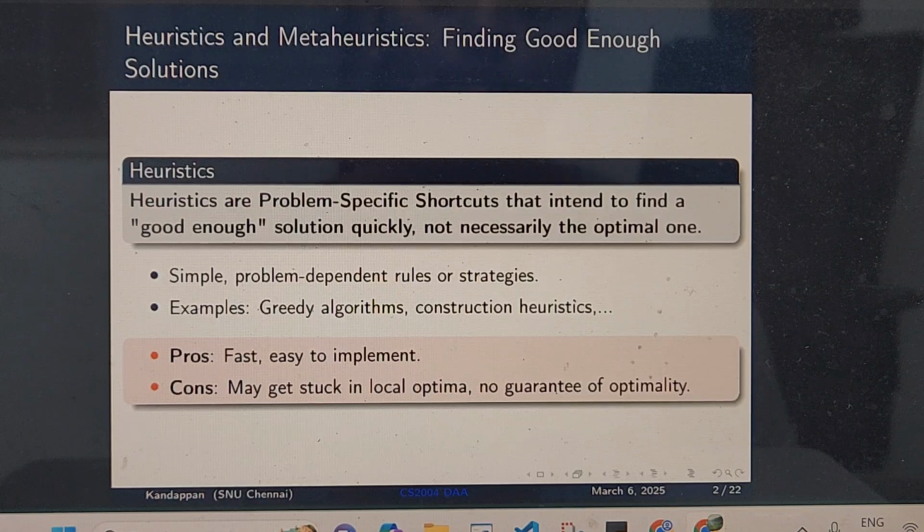If you use anything else, earliest start or fewest conflicts or something, you will get a set of non-overlapping intervals which may or may not be optimal, but it is still a valid solution. Valid in the sense none of the intervals is overlapping with any other. So that is what we mean by a heuristic, a logic which helps you arrive at a valid solution to a problem quickly. The solution must be valid, it should be correct, but it may or may not be optimal. So that is what a heuristic is.